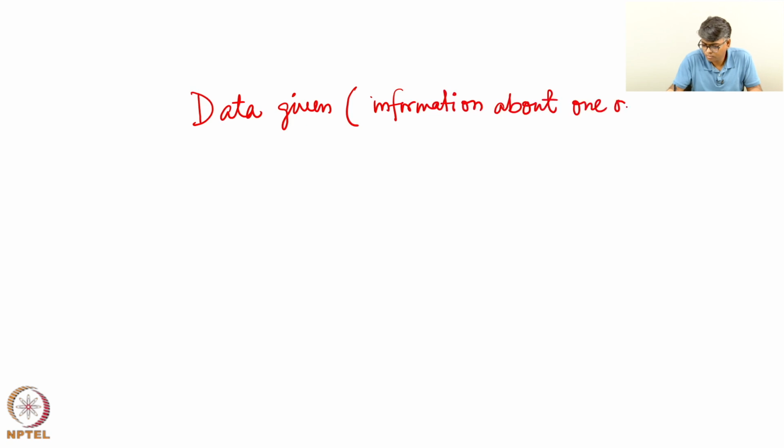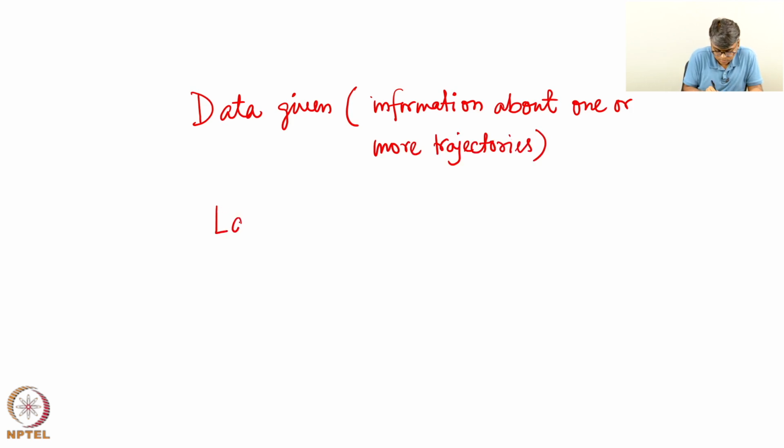Data given means that I have information about one or more trajectories. From there, I want to find out laws or equations that explain that data.